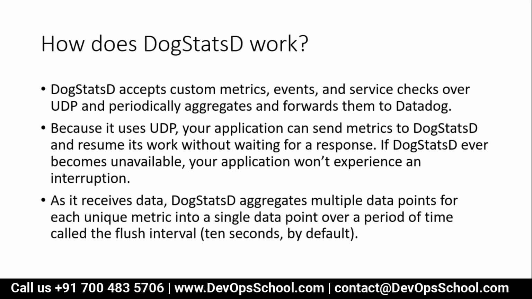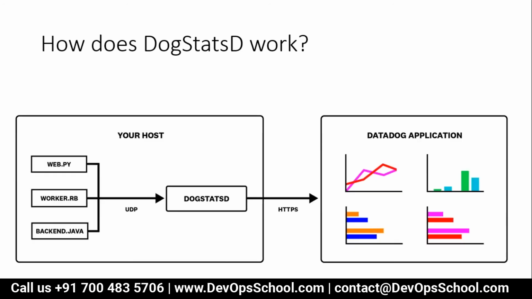As it receives the data, DogStatsD aggregates multiple data points for each unique metric into a single data point over a period of time called the flush interval, which can be 10 seconds, 50 seconds, 20 seconds, and so on. You can set it up. Now you see here, different sources send the data over UDP to DogStatsD, and DogStatsD sends the data to Datadog.